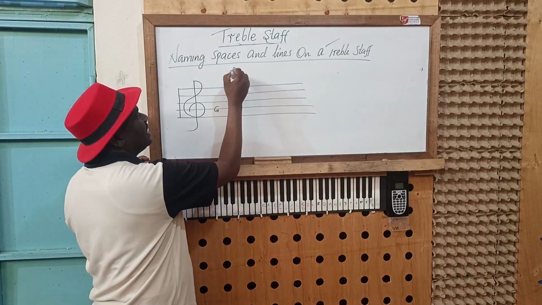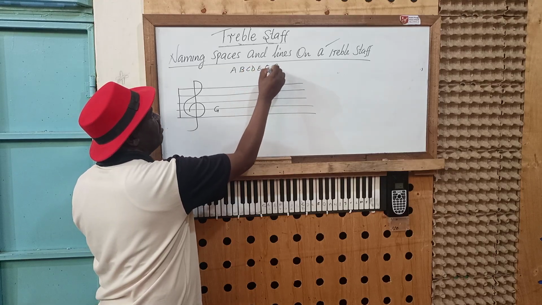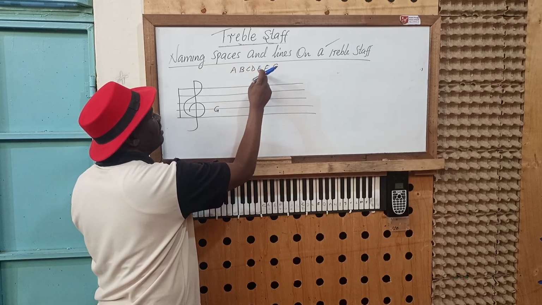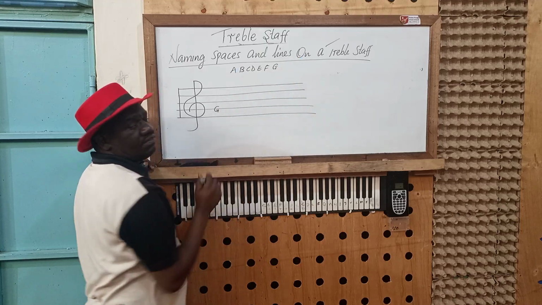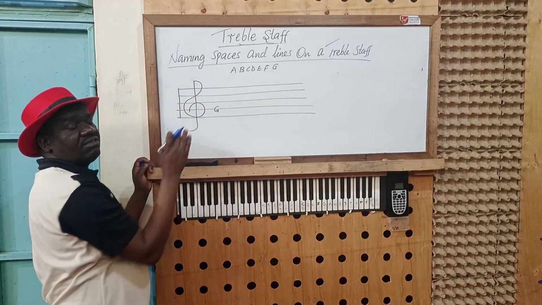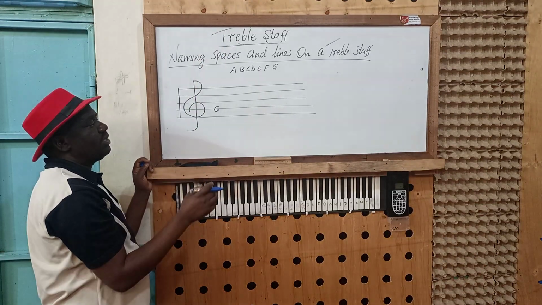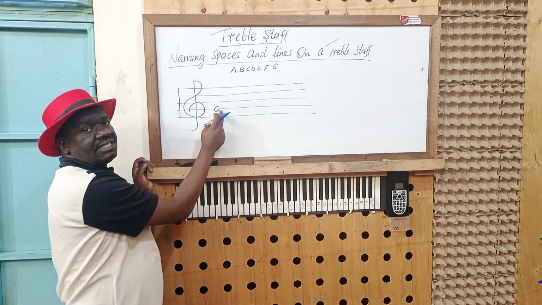The first 7 letters are A, B, C, D, E, F, G. 1, 2, 3, 4, 5, 6, 7. There is no H. So on treble staff, this is how we name the lines and the spaces. This second line is the one that guides us.